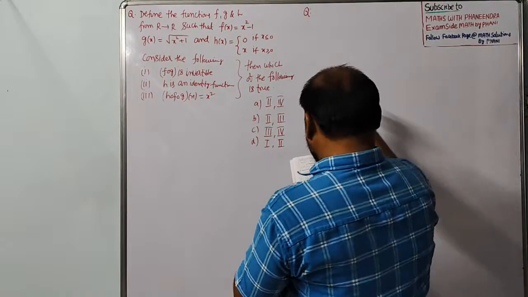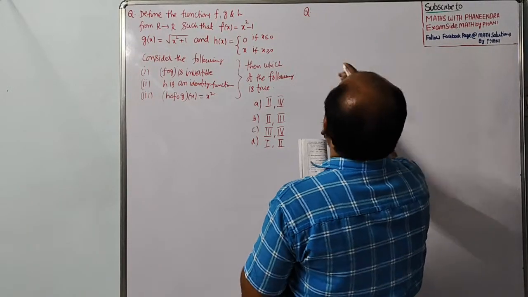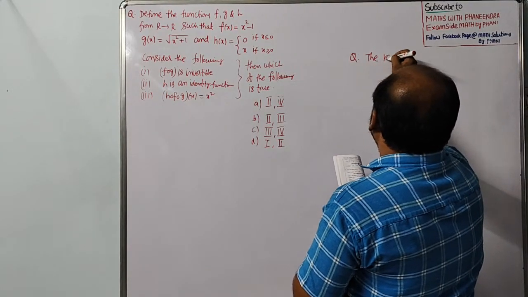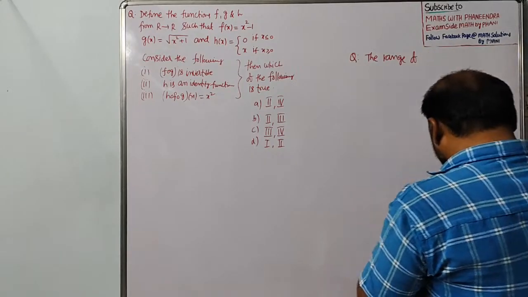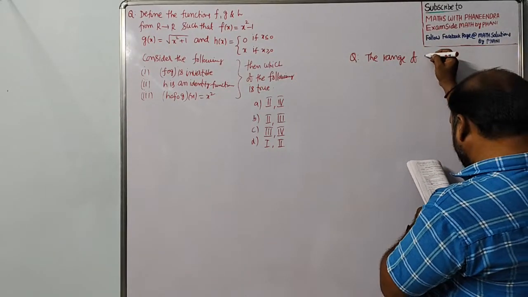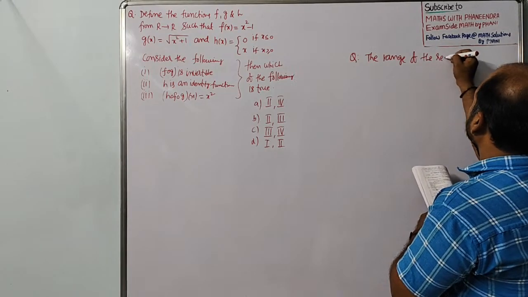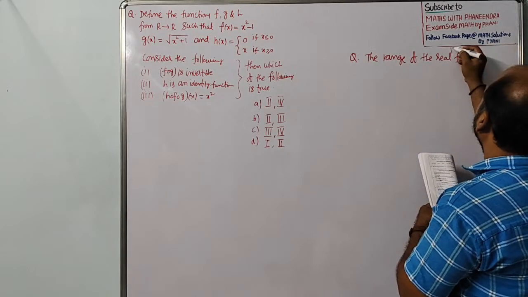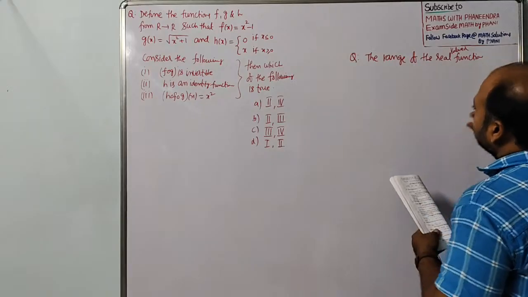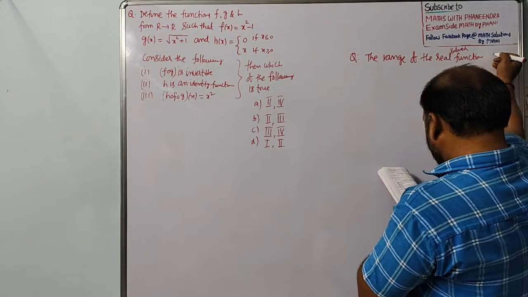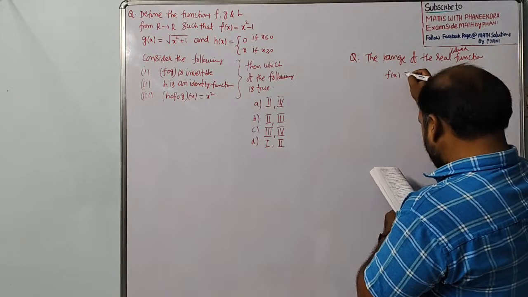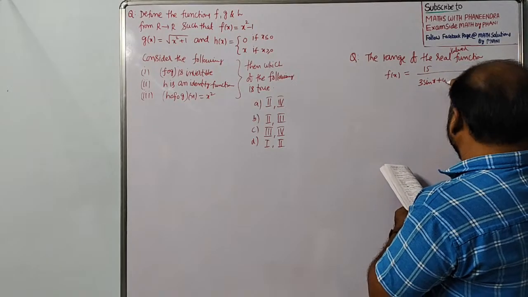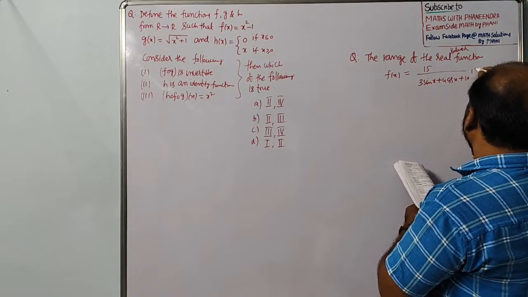The next question, the range of the, here I'll write it, if place is not sufficient we'll write it here. The range, this type of question may be expected in trigonometry also, of the real valued function, real valued function is subset of R. f of x equal to 15 divided by 3 sin x plus 4 cos x plus 10 is.